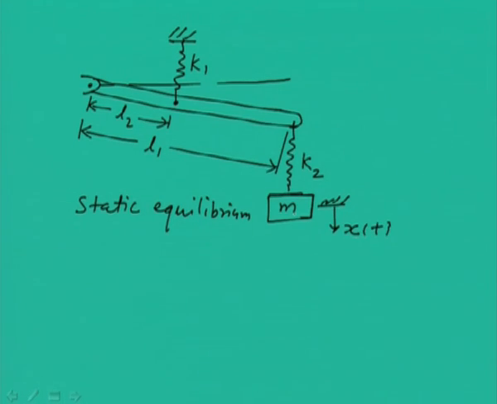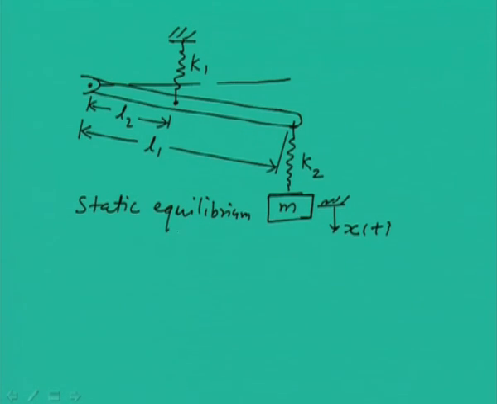So this mass will be oscillating about its mean position. This static equilibrium position is basically the mean position of oscillation of this mass. So only the mass is there on this object and the rest has no mass, and only two springs are connected. So now our aim is to obtain the natural frequency of the system.